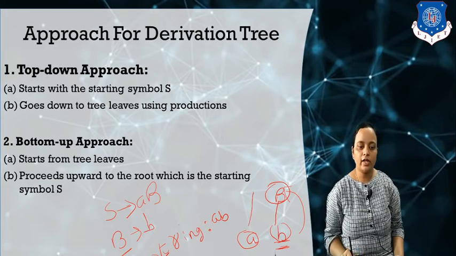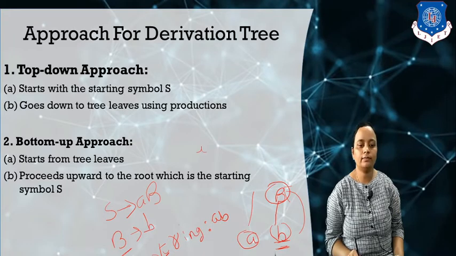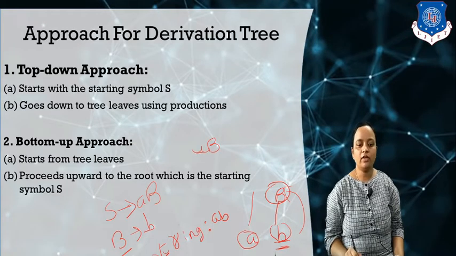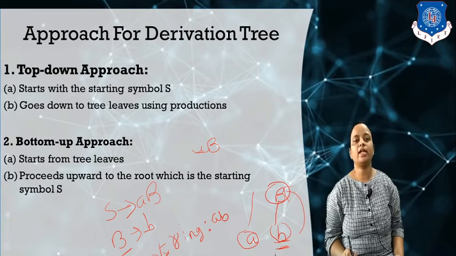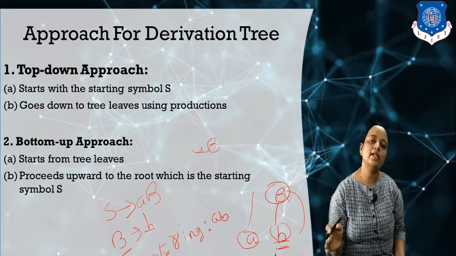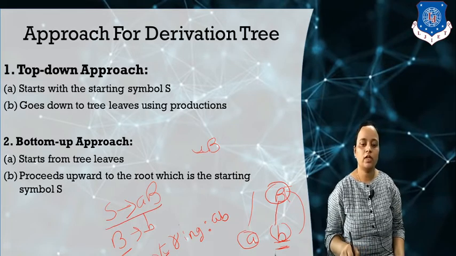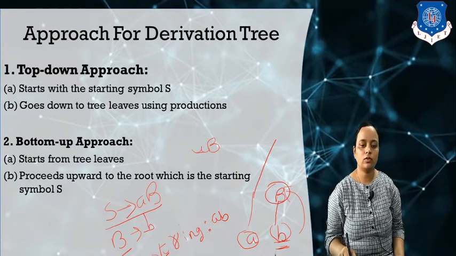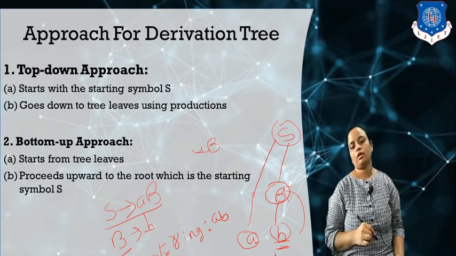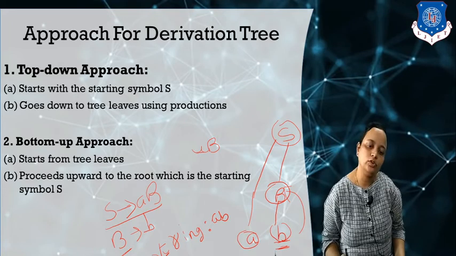Now what we have is small a and capital B. Can we reduce a capital B? Is there any production which contains small a capital B on the right hand side? Yes, you can see over here. So we can reduce this by S. This is called the bottom up approach.